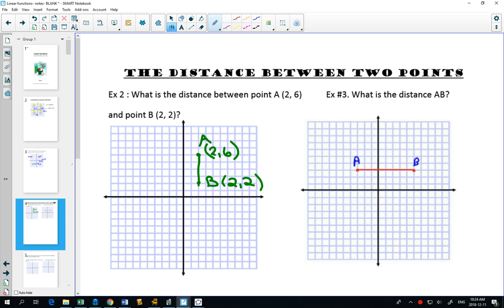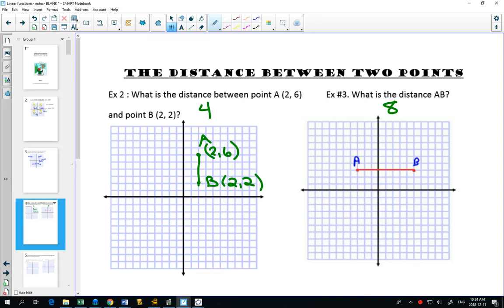What's the distance between them? 4. 1, 2, 3, 4. Yes, they are 4 apart. And if you were looking at AB here, how far apart are these ones? Is everybody okay with counting 8?